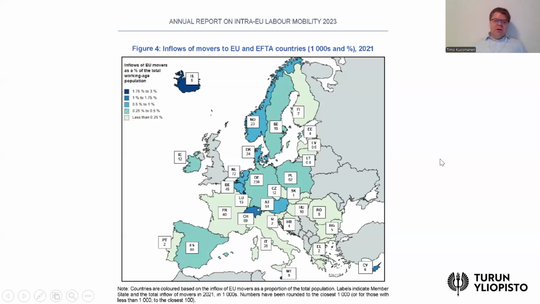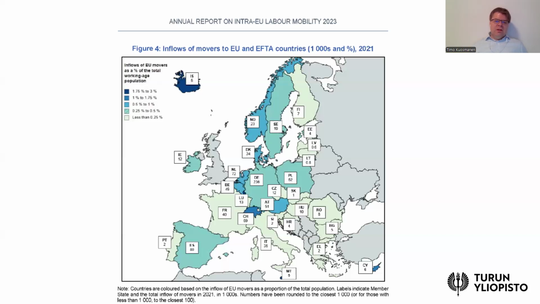So in fact, countries outside of the EU, which are still EFTA countries, despite having more strict migration rules, have attracted more movers than the EU countries and the Eurozone countries.